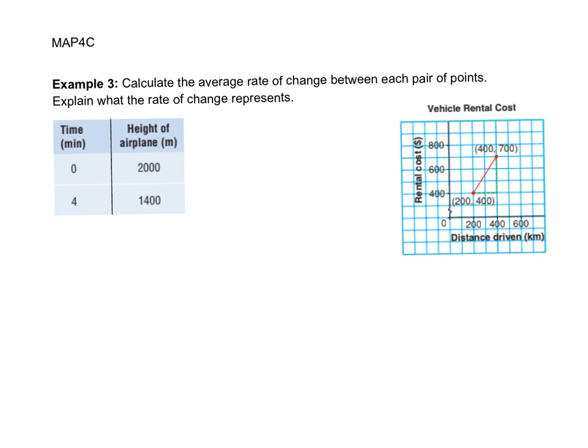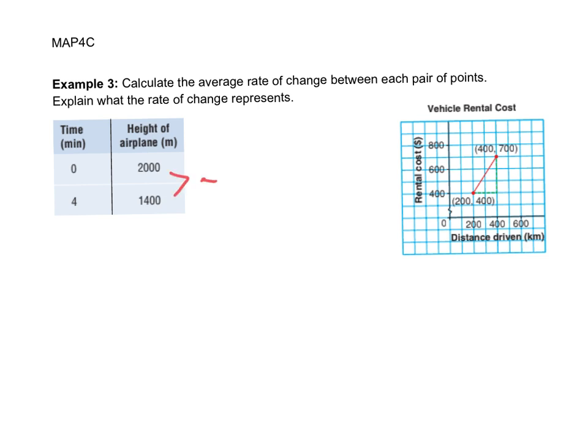Now, on the graph like we had on the last page, example 2, you could calculate the exact rate of change for each 5-year period by calculating the slope between those 2 points. In this case, we're only being asked to calculate the average rate of change because we don't know if there was a difference in the height of the airplane from 0 to 4 minutes. We're going to make an assumption that it did not all of a sudden plummet 600 meters from 0 to 4 seconds.